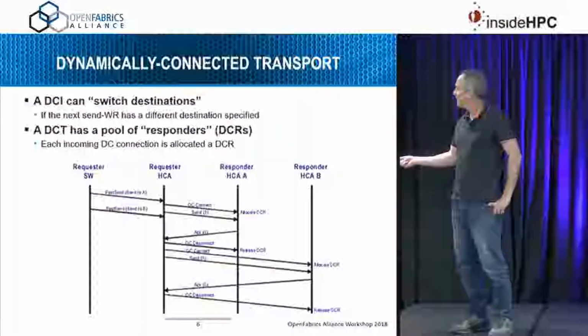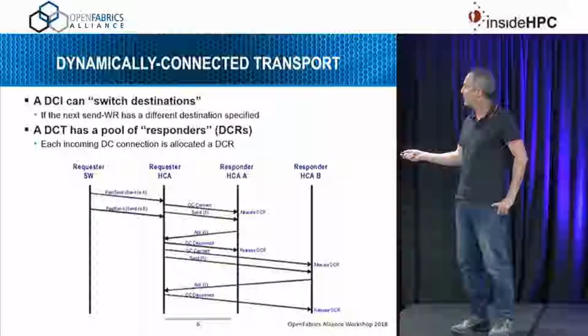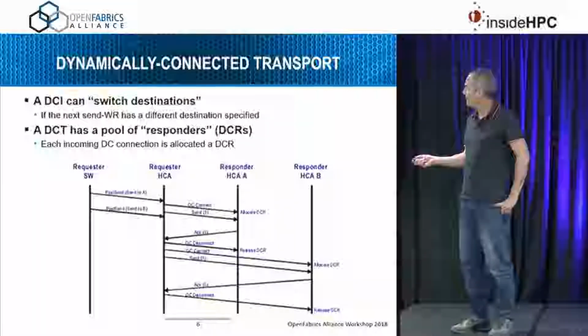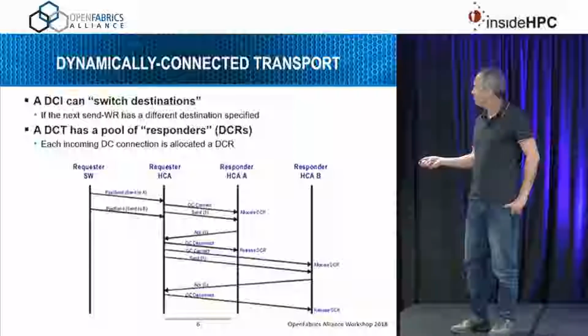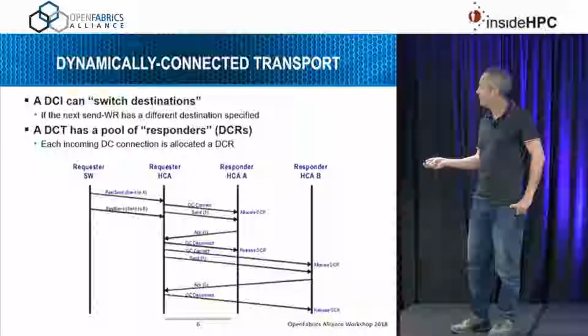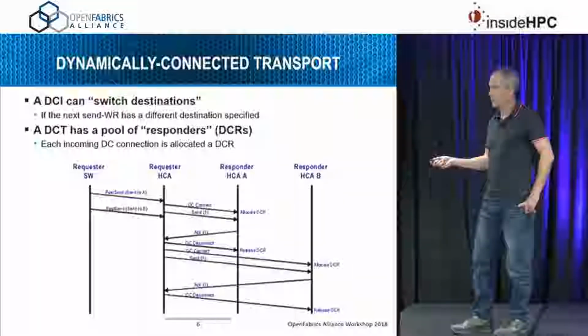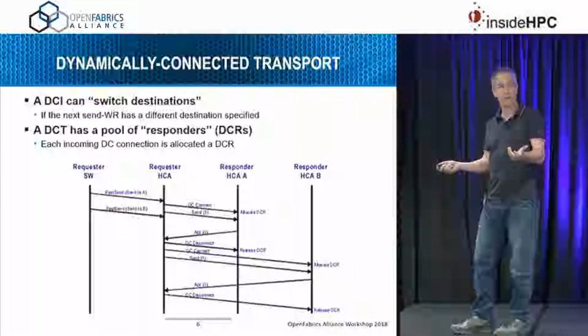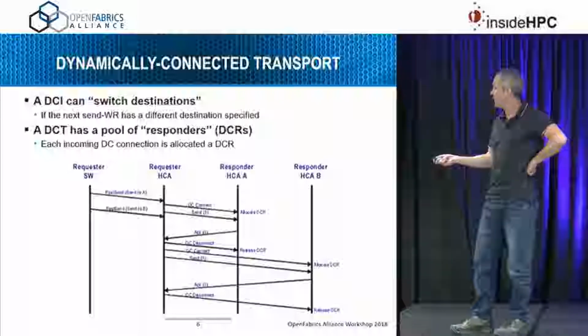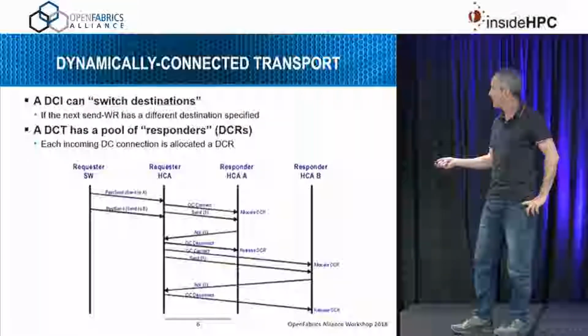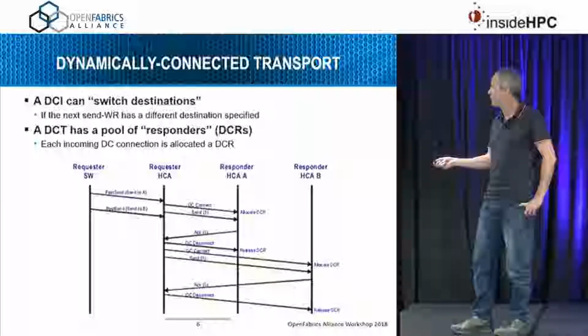In this example, we'll talk about switching destination. We want to send to target A and immediately send to target B. So we're talking about the same reliable connection. DC will initiate a connect to the remote DCT. We call this internally a responder. It will allocate one, get the send operation and acknowledge it.